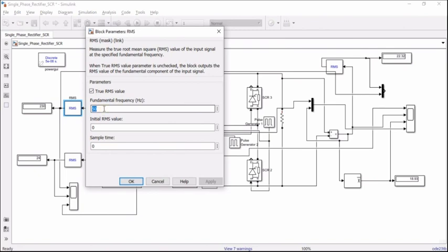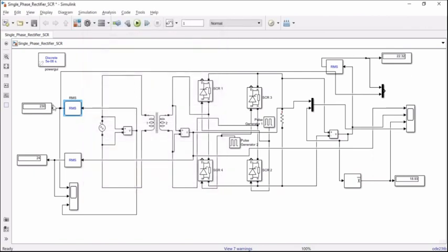If there is any other frequency other than 50 Hz, this needs to be changed. So this can be set as 50 Hz. If there is any other initial RMS value, that needs to be changed to 0 volts. The output of the RMS block is given to the display block. So this is for viewing the output voltage.